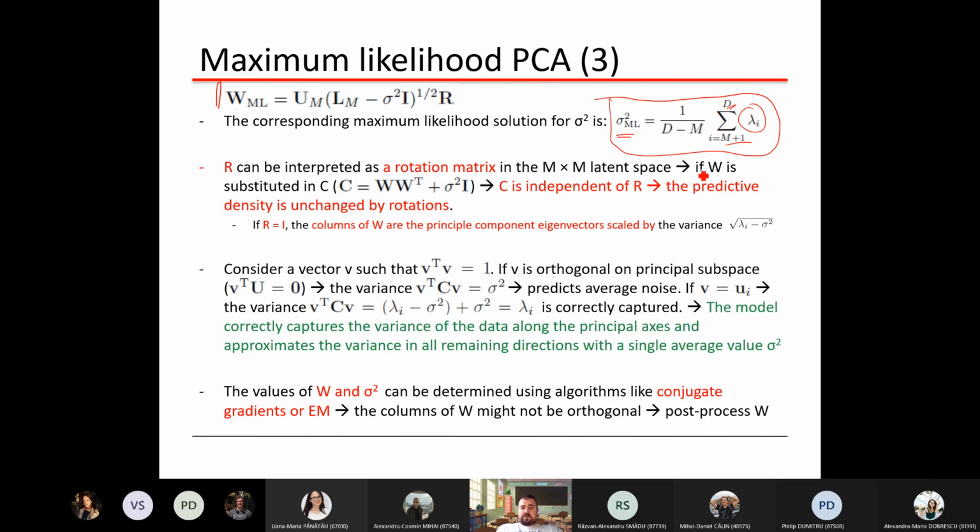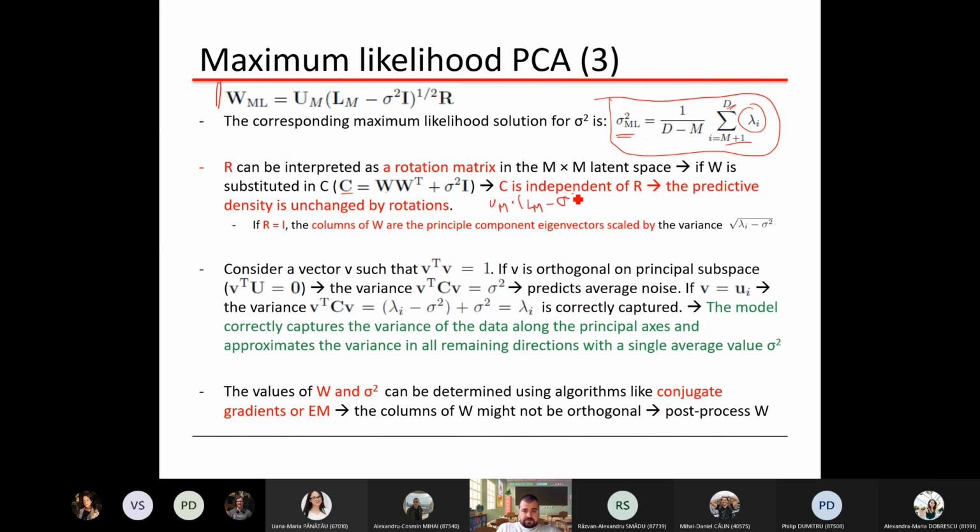So if W will be substituted back in the equation for C, W multiplied by W transposed plus sigma square, let's see what we get. So it's UM multiplied by LM minus sigma square, sorry, this is supposed to be sigma, not delta.